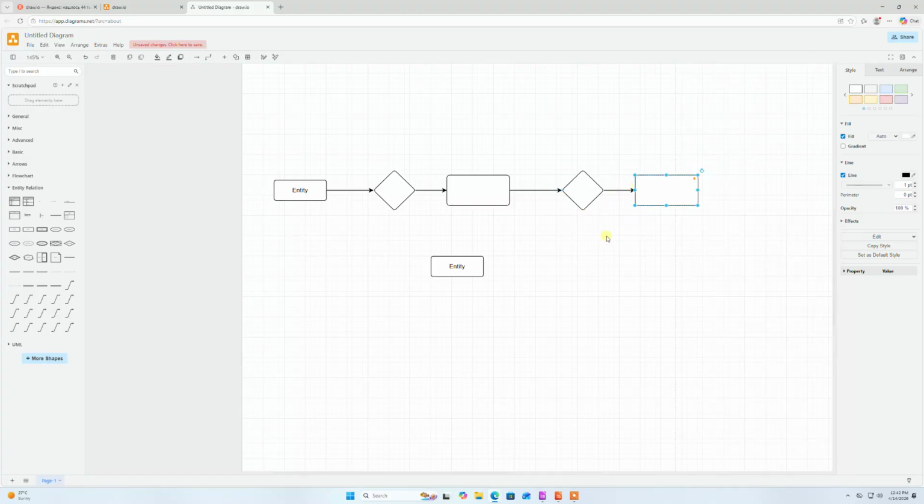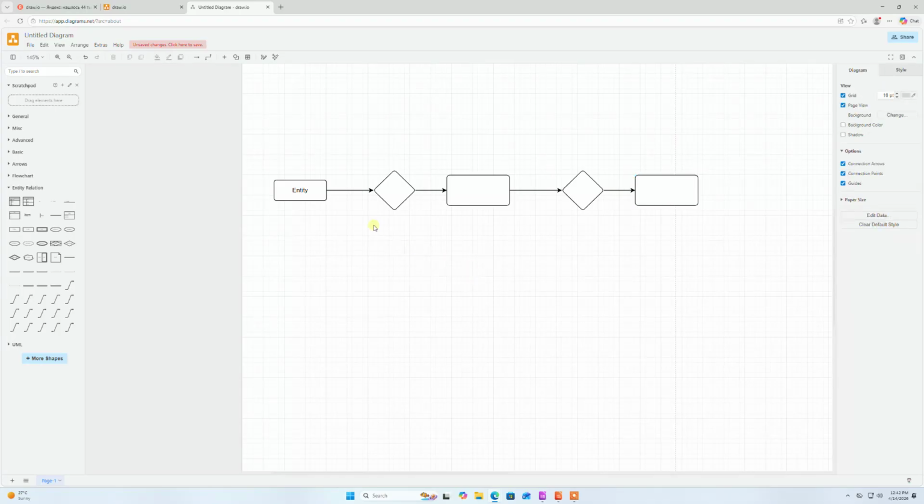So I have 6 entities. For those entities, I will draw these rectangles, 1, 2, 3, and for example this is 4.